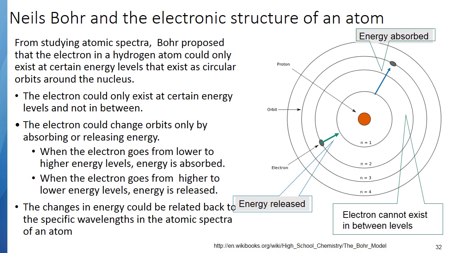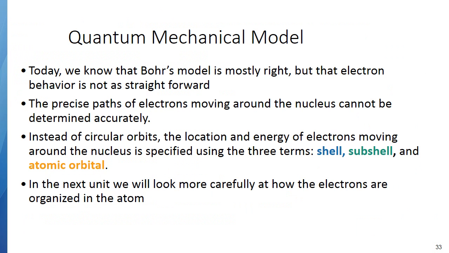The main thing that you should know here is Niels Bohr determined that electrons could only exist at certain energy levels. Now this looks sort of like an orbit that electrons are spinning around, and that's what he thought at the time. Now we know that's not exactly true. Our current model is called the quantum mechanical model, and it's taken Bohr's model and made it a little more convoluted, from a student's point of view, but it's mostly right.